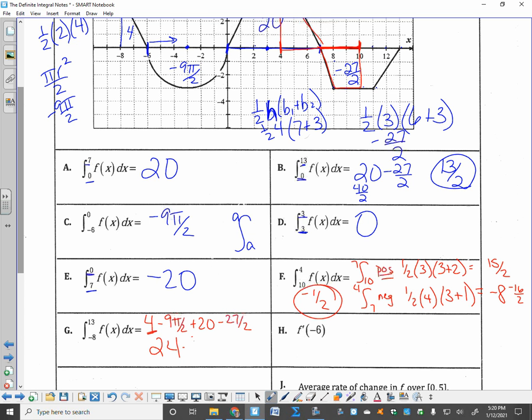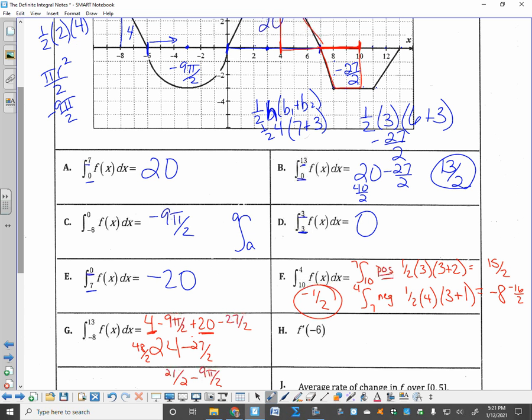So I have the 24 from these two, and then I need to minus the 27/2 because it also doesn't have a pi. So that's 48/2 minus 27/2, which is 21/2, minus 9 pi over 2 because it has a pi.